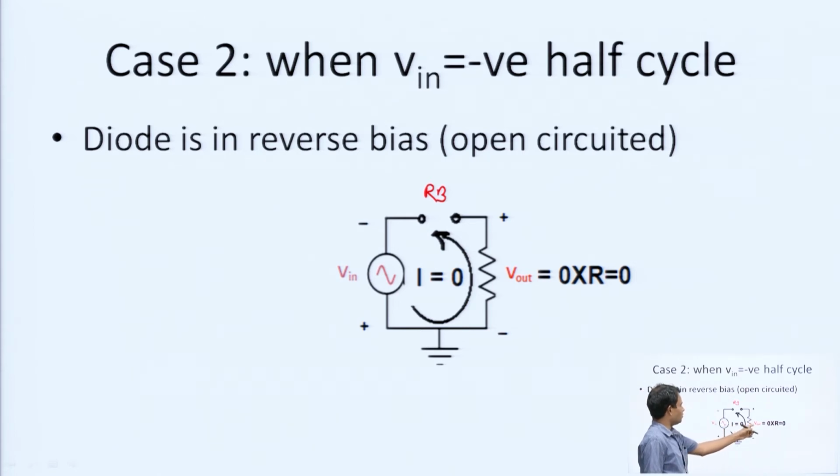This means the output voltage across RL is equal to 0 into R, which is equal to 0. This means output voltage is 0 because current is 0. So for the negative half cycle, output voltage is equal to 0, and for the positive half cycle, output voltage is equal to the input voltage.